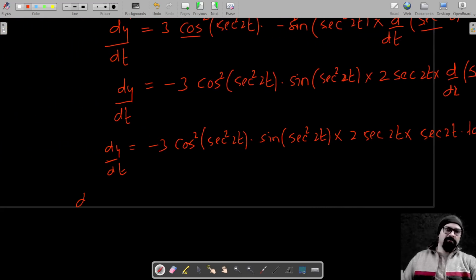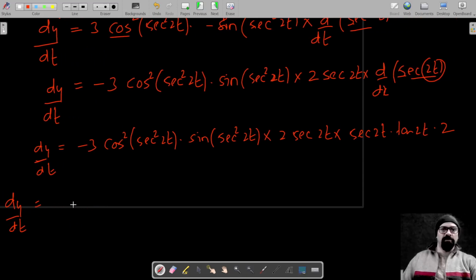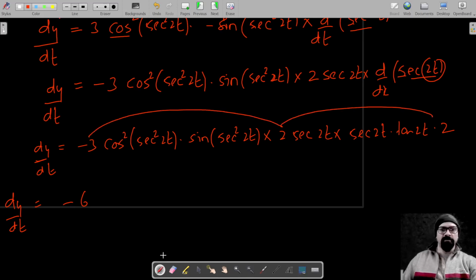So finally our differentiation is, so negative 3 into 2 is negative 6, into 2 is negative 12. So this is negative 12.